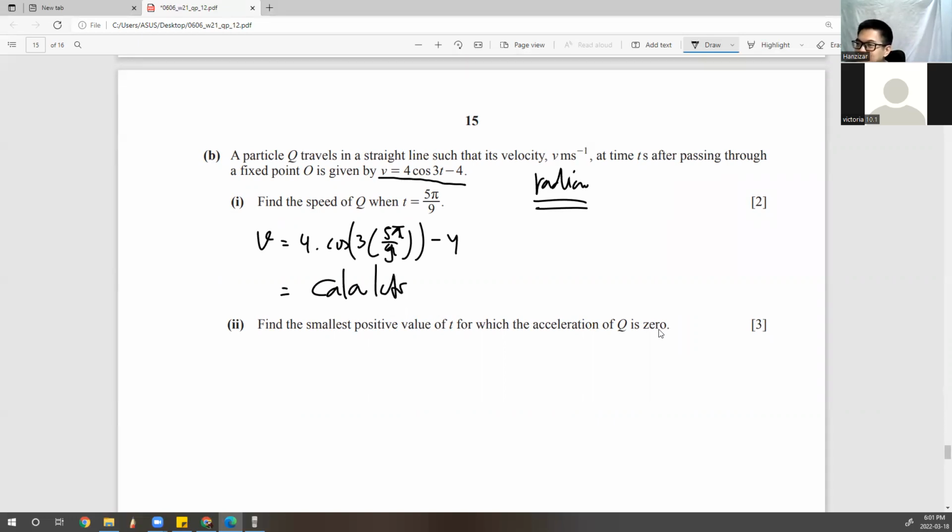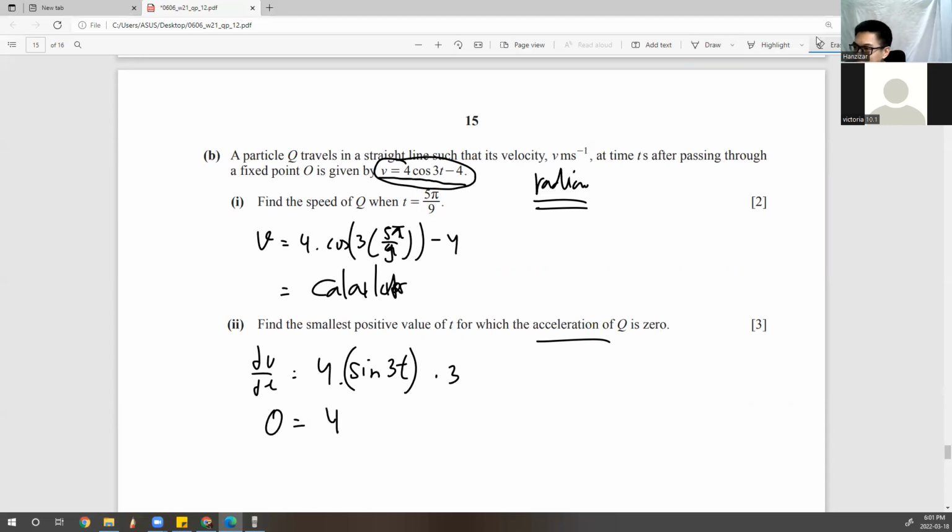Okay, calculator. And then find the smallest positive value of t with acceleration of 0. Acceleration is the derivative, so dv over dt. Remember, cos becomes sine, but don't forget to multiply by the inside, times 3. Done. Equals 0.